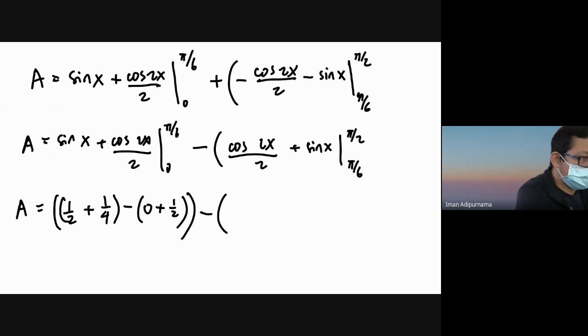Cos pi over 2, pi over 2 to cos pi negative 1. So this will be a negative half plus 1. And I will bracket that. And then minus pi over 6 is half. And then this is 1 over 4. Pi over 6 plus half.